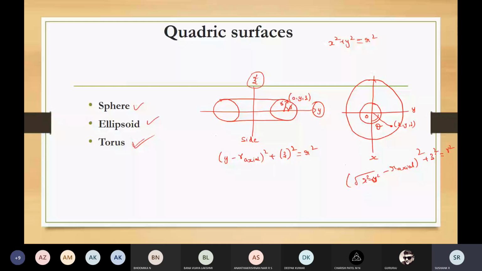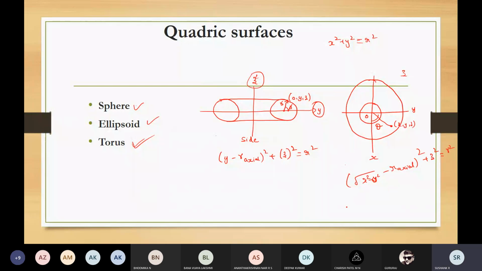This is with respect to the z axis. The equation for the side view is y minus r axial, the whole squared, plus z squared is equal to r squared. This is the equation obtained when you rotate this circle with respect to the z axis.